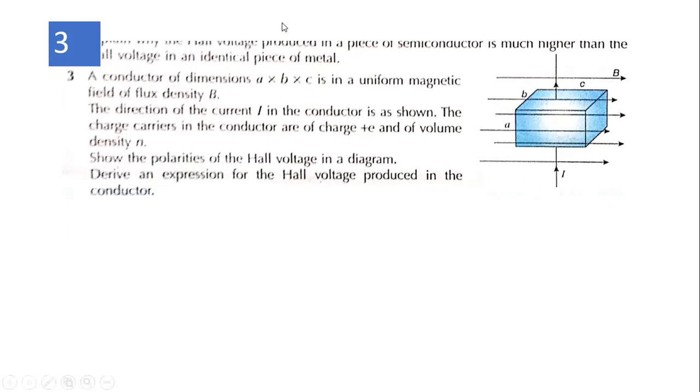So if your current is going up, the polarity cannot be in this direction. It cannot be to the right or to the left. It must be either in or out. So how can it be the topmost face?